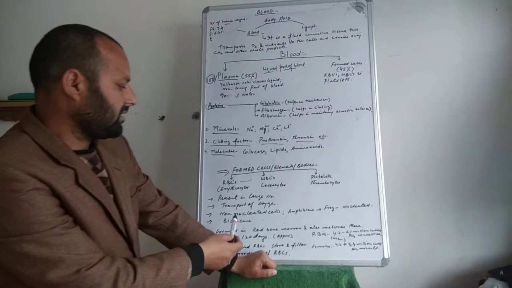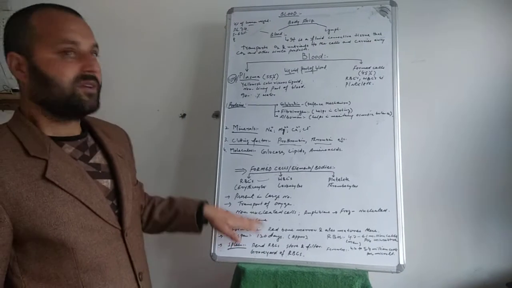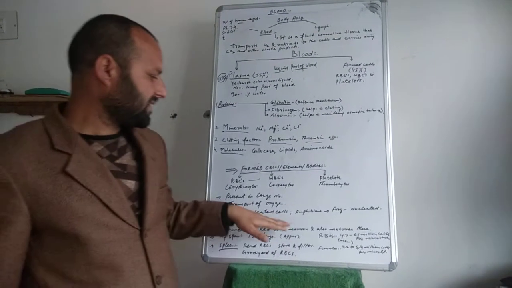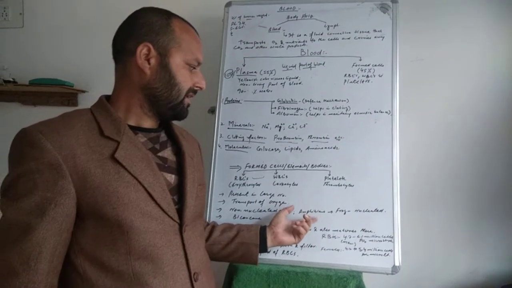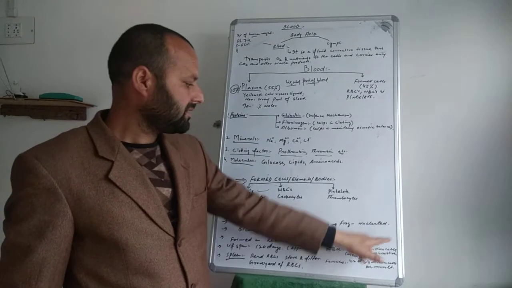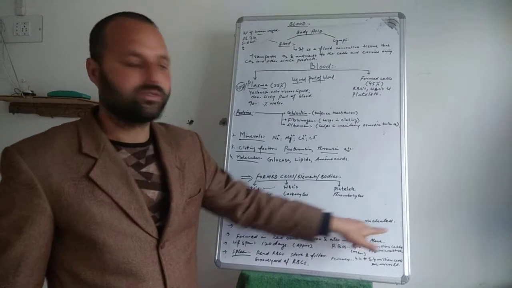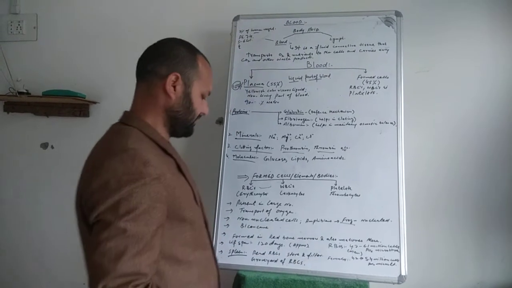RBCs transport oxygen. RBCs are non-nucleated cells, but in amphibians, for example the frog, the RBC is nucleated.